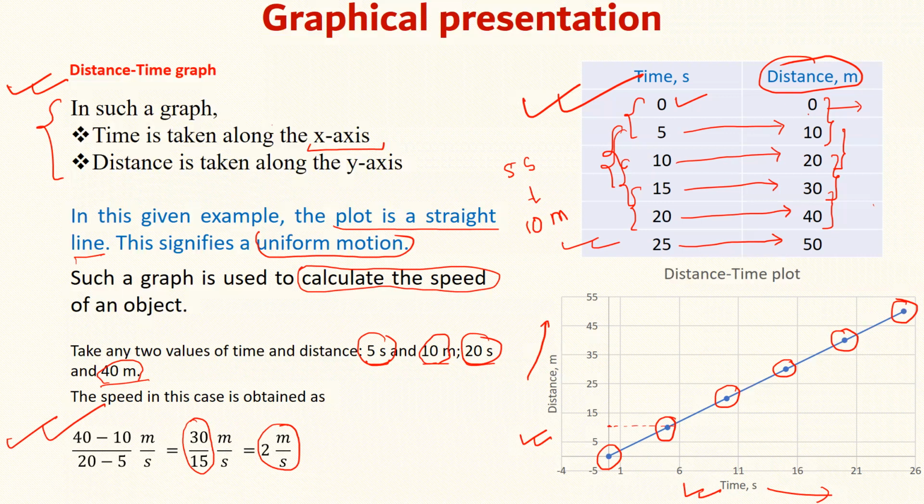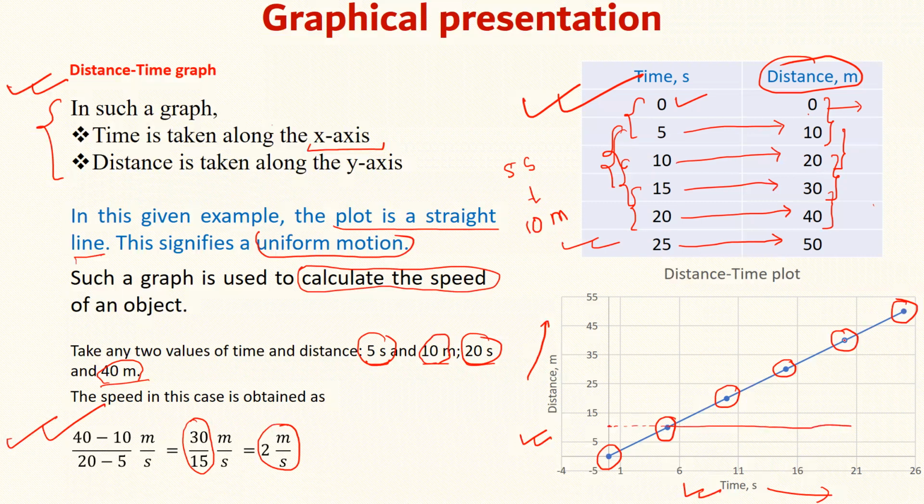Another way of calculating velocity from this distance time plot is by taking the slope of this graph. Let me consider 2 points, maybe this point and this point. Can I connect these 2 points by hand?